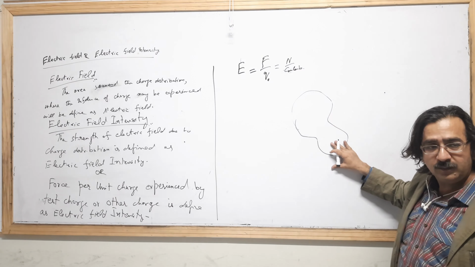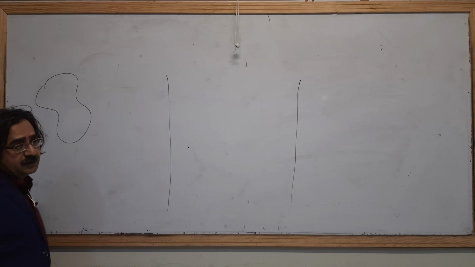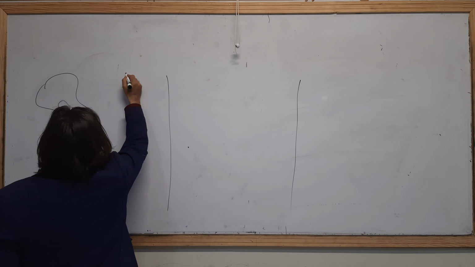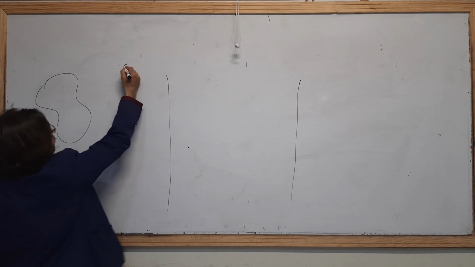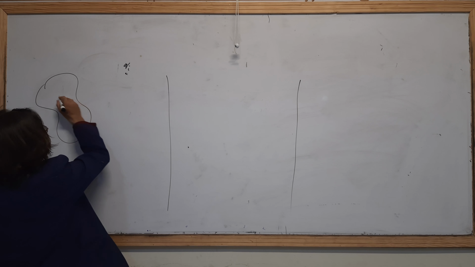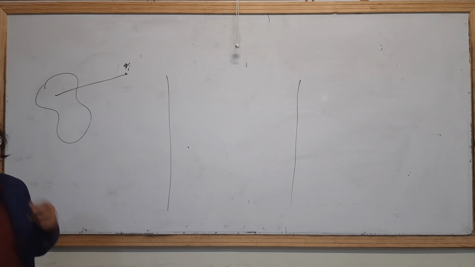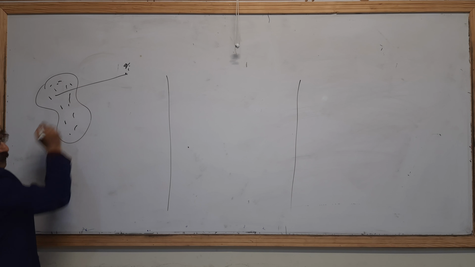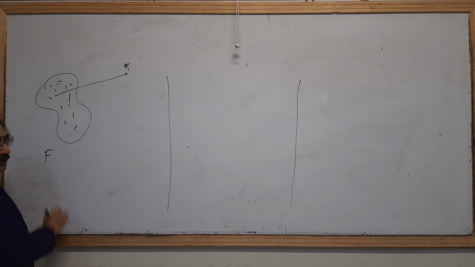If these are the charges, number of charges, and there is any charge Qi, and we are interested to find the force, we know the force according to Coulomb's law.